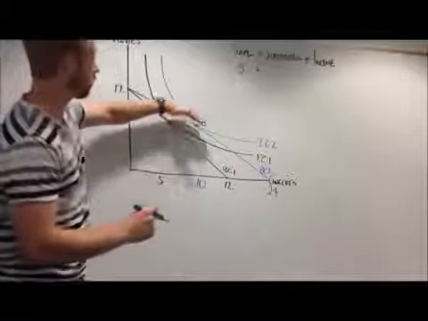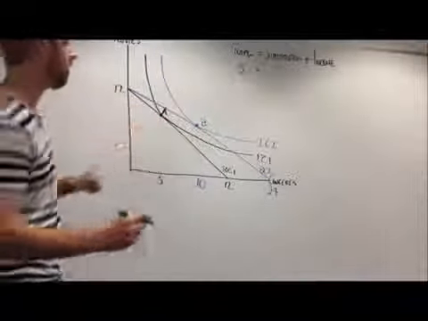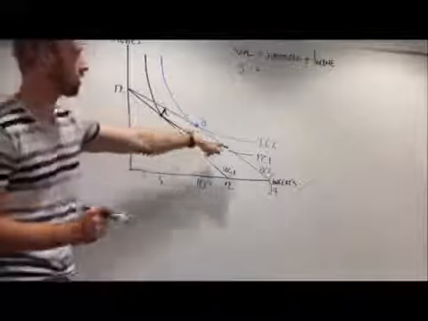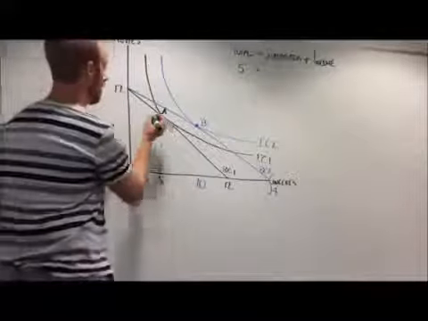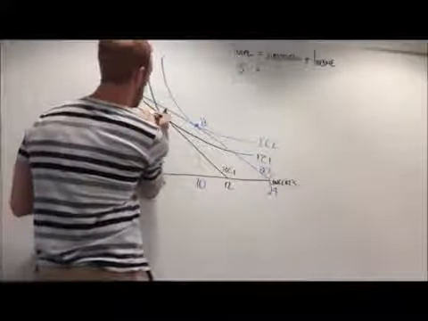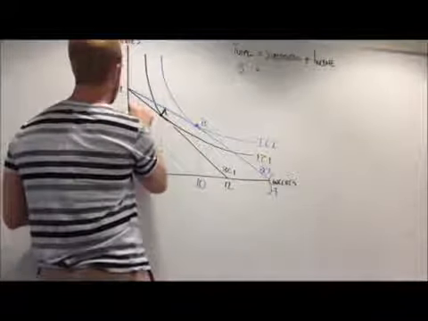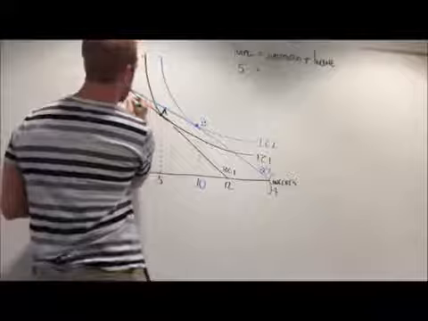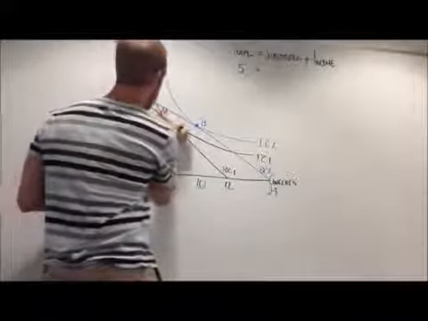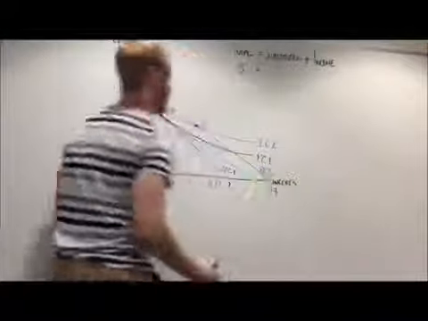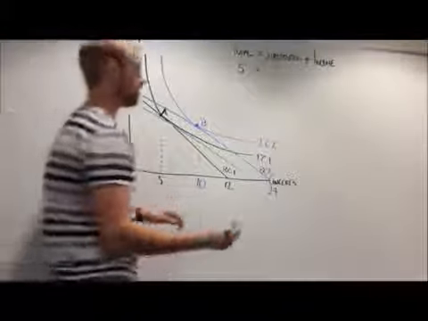So we pull this blue line down here in parallel, and we find where it just touches indifference curve 1. And we'll label that as BC3.